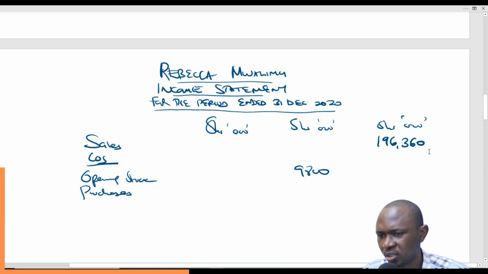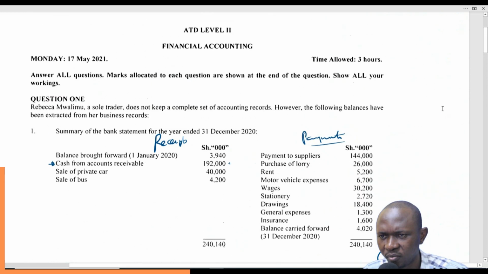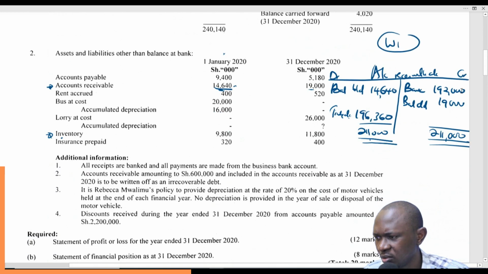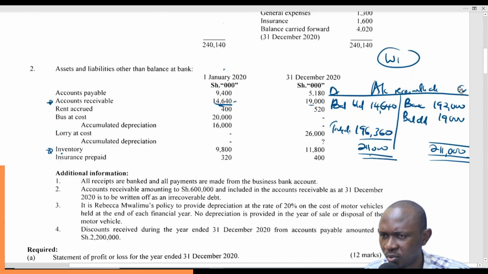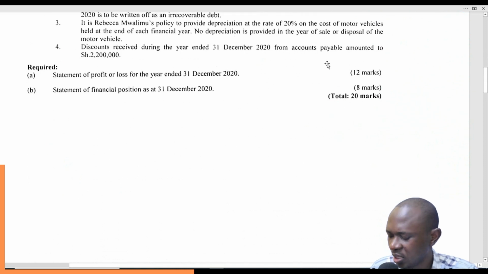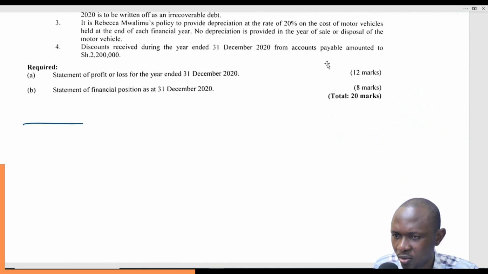What is the figure for purchases? We have to repeat the same thing, because for purchases we have accounts payable. So we open an account here for purchases.